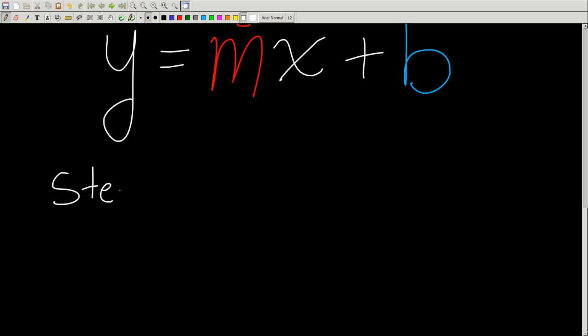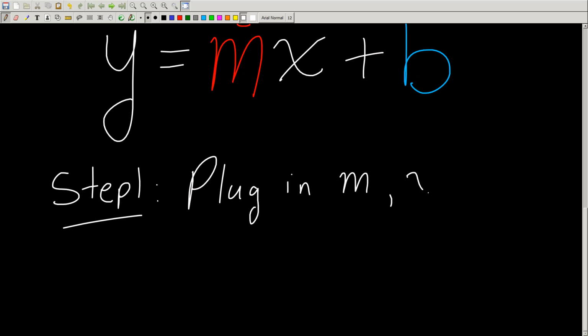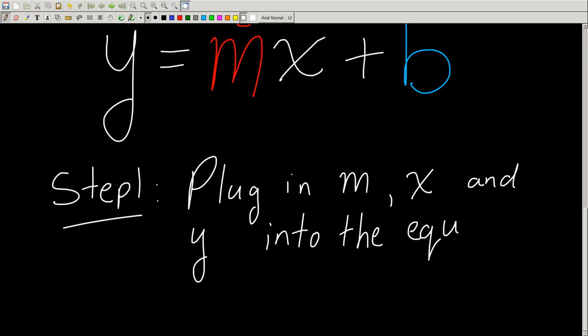Step 1. What you're going to do is plug in m, x, and y into the equation. So x and y, guys, are the coordinates of the point.